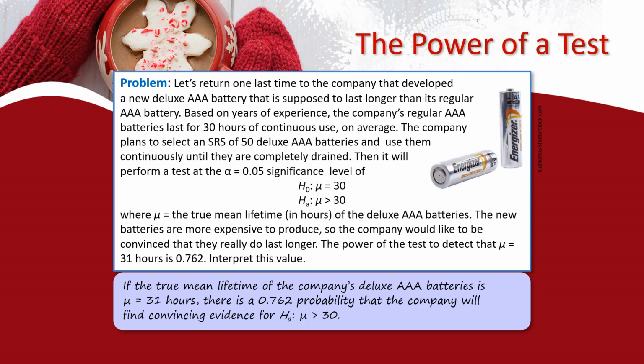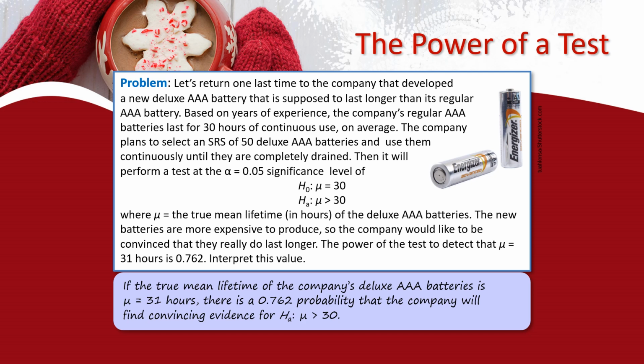If the true mean lifetime of the company's deluxe AAA batteries is mu equals 31 hours, then there is a 0.762 probability that the company will find convincing evidence for the alternate.